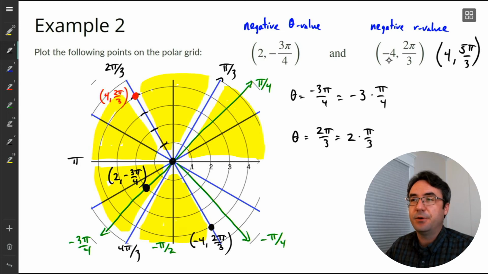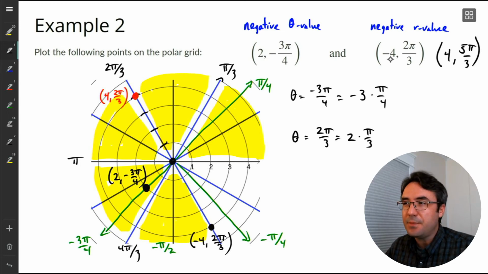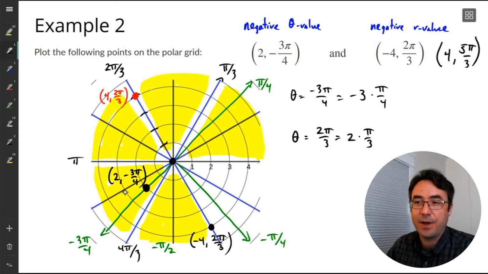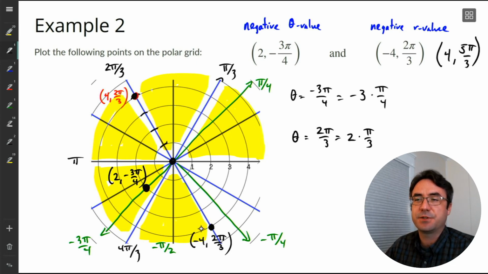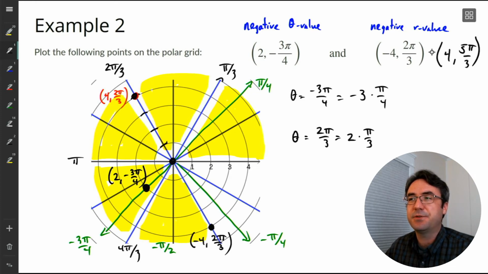So, if we make that r value positive, or negate whatever r value we have here, we just add pi essentially. So we're just going halfway around the circle. So starting at this point here, 4 comma 2 pi over 3, we're just going halfway around the circle. So we're adding pi. So we get 5 pi over 3 here for our angle. So there's different ways to represent these points.